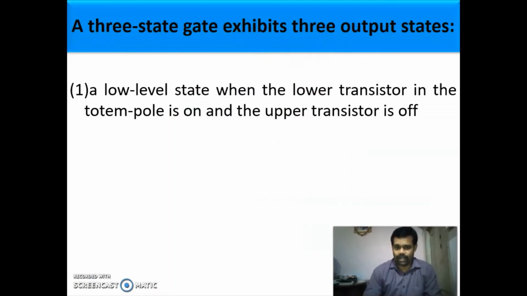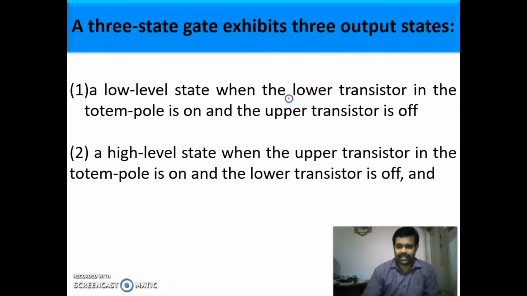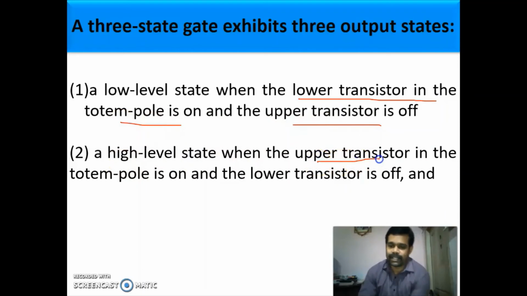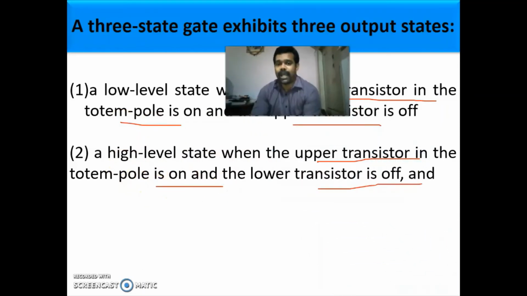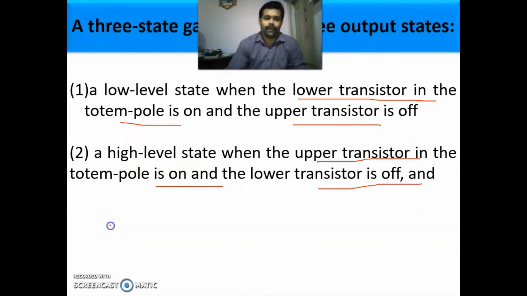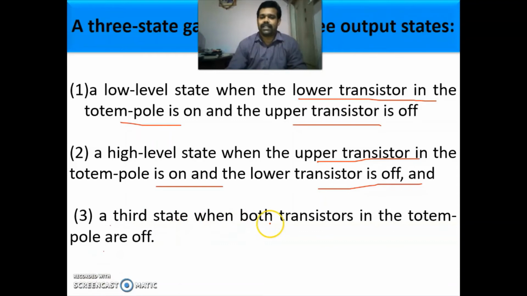A low-level state, when the lower transistor in the totem pole is on and the upper transistor is off. A high-level state, when the upper transistor of the totem pole is on and the lower transistor is off. And the third state, when both the transistors are off.